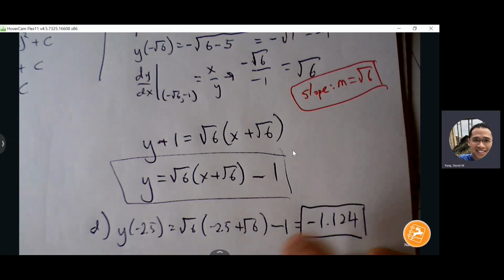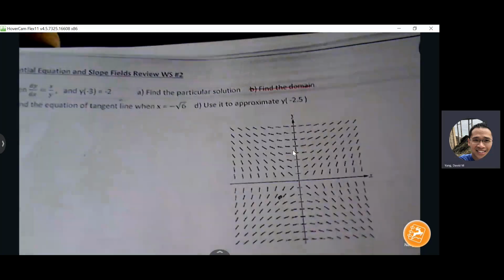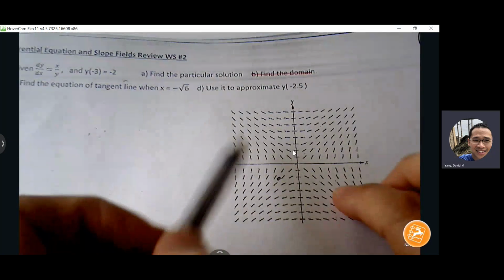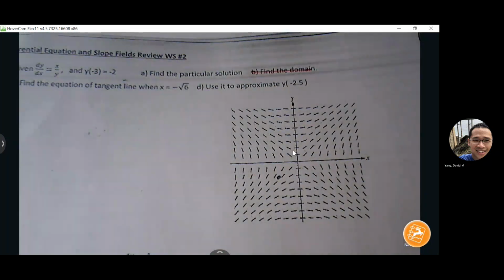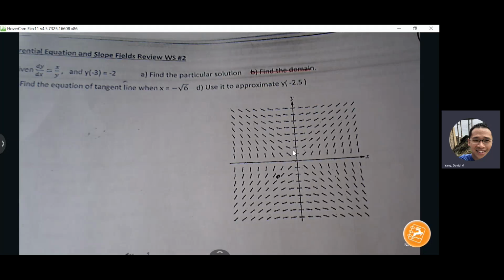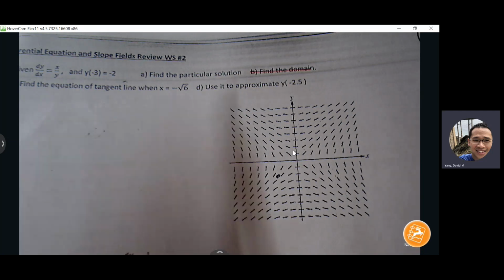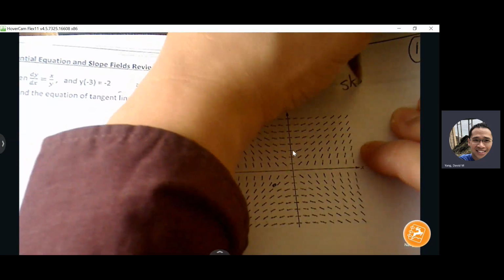And now I do want to go back to the original graph here. We're not going to ask to find the domain, but I've got to include the directions here to sketch the solution through the given point.